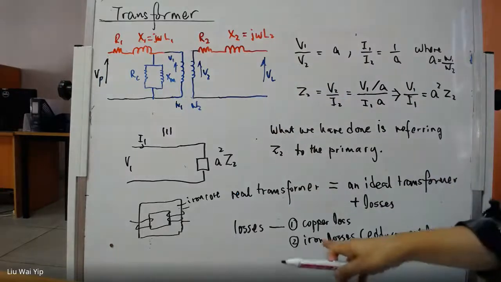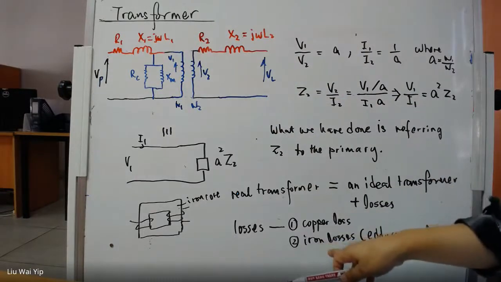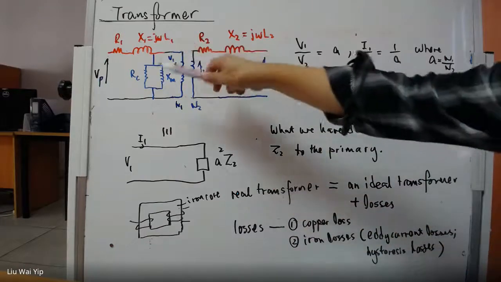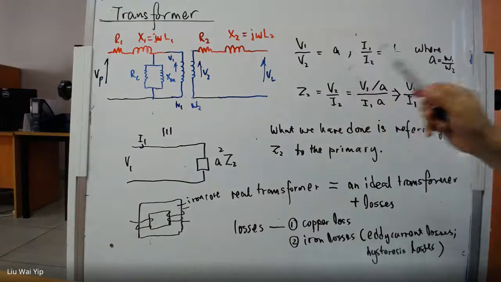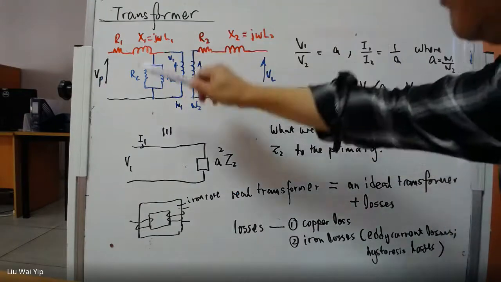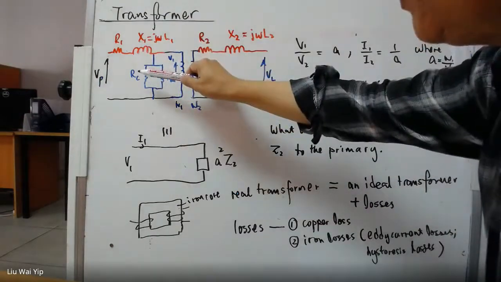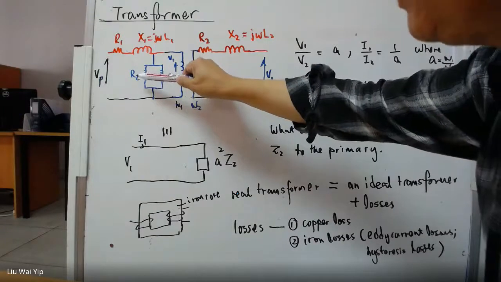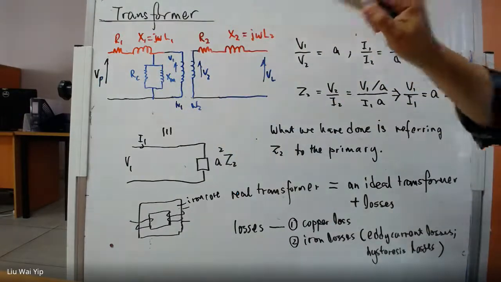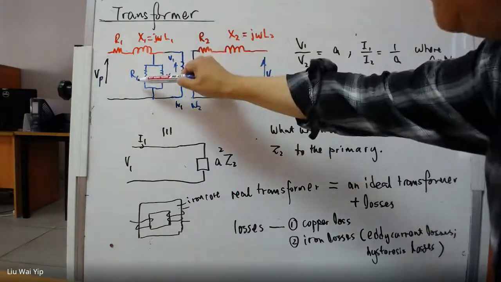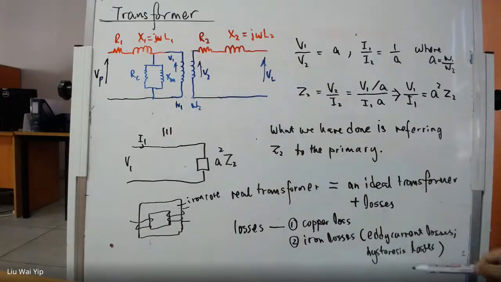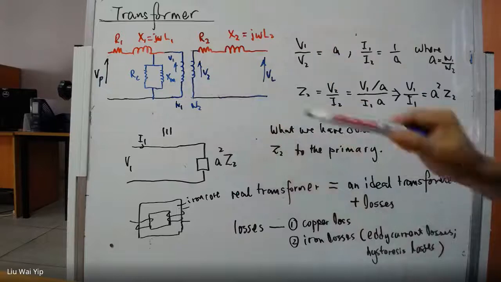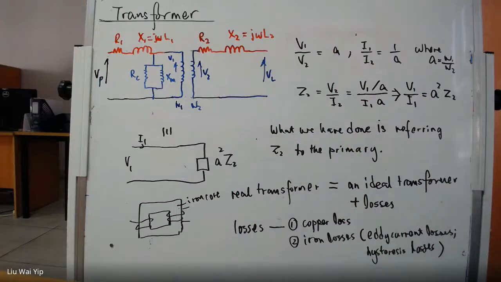Another loss is the core loss, the iron loss. Iron loss means the loss in the iron core, and these losses are the combination of eddy current loss, which can be accounted for by RC, and hysteresis loss. So this is the way we model the transformer.